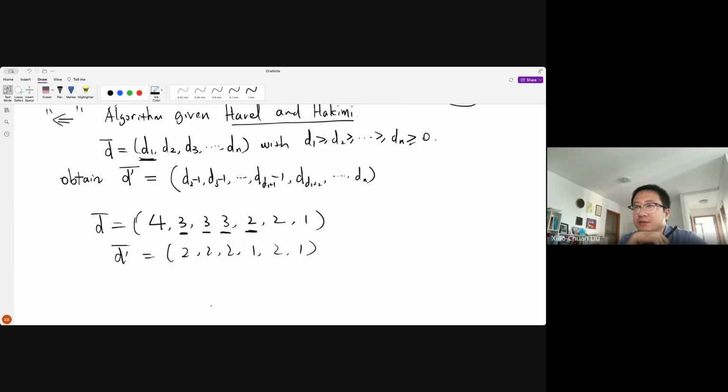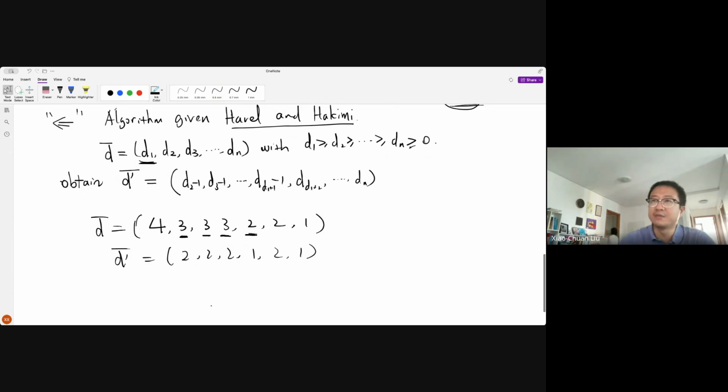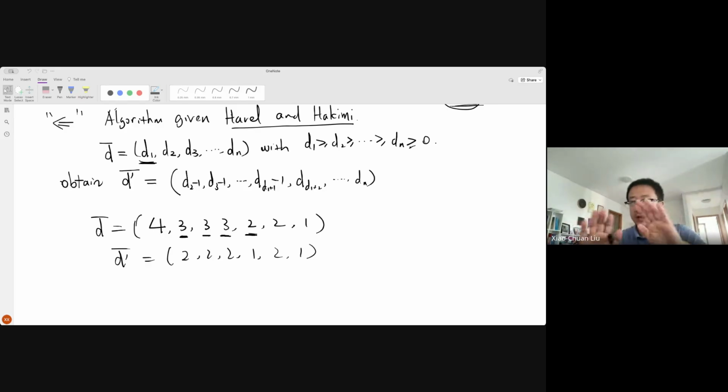Do you understand the algorithm itself? So we try to understand the object one at a time.